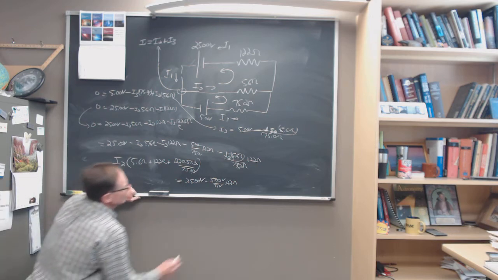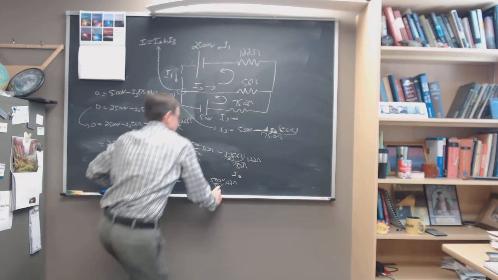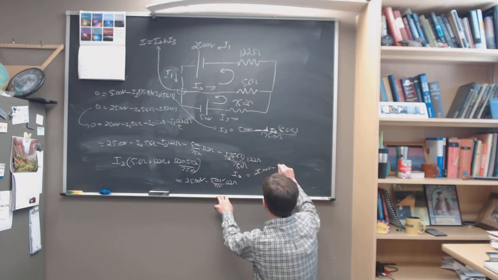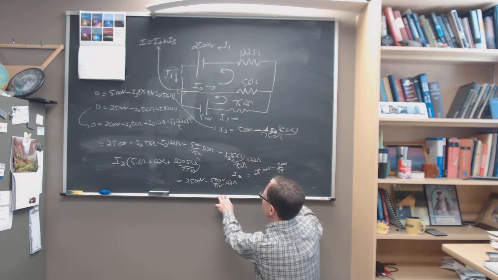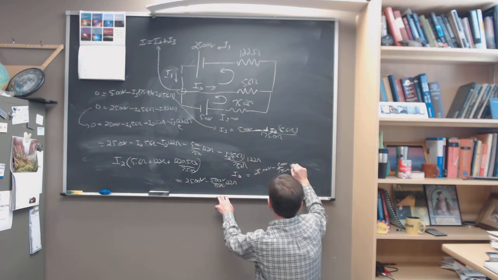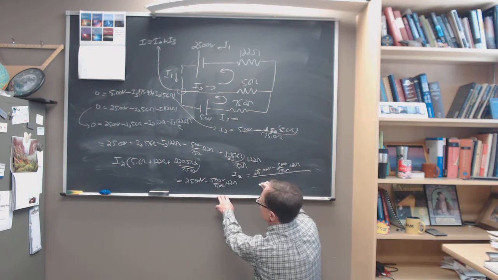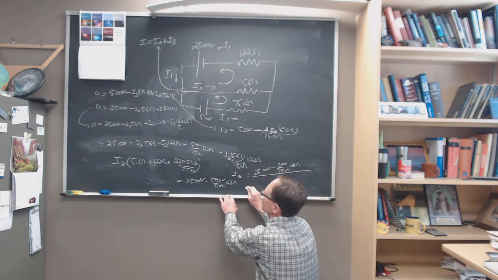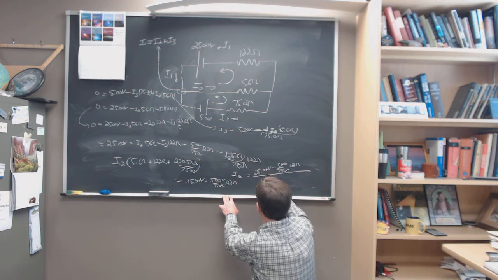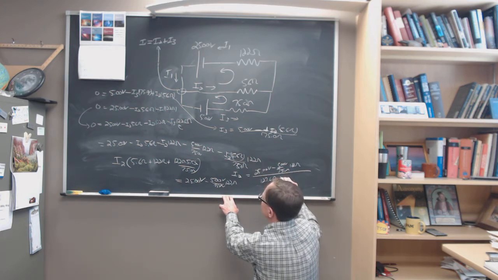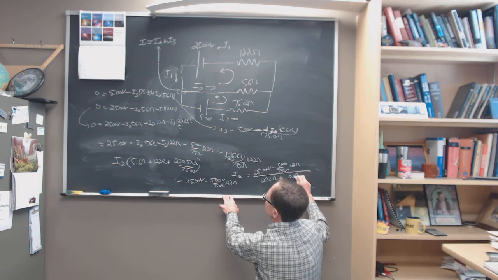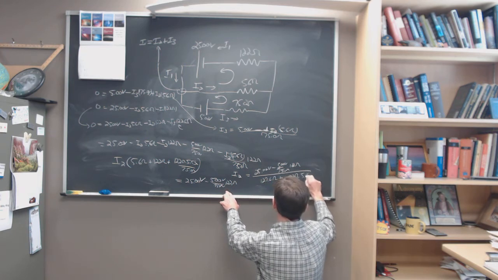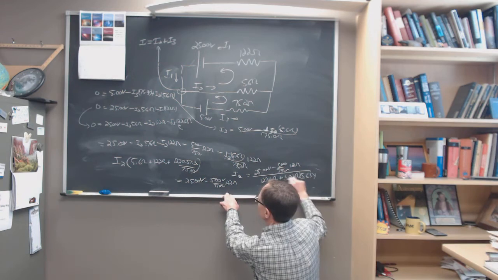Okay, so I2 is equal to 25 volts minus 5 volts over 75 ohms times 122 ohms, divided by that whole thing. That's right there, which looks like 127.6 ohms plus 122 ohms times 5.6 ohms divided by 75 ohms. I can't read my writing, of course.